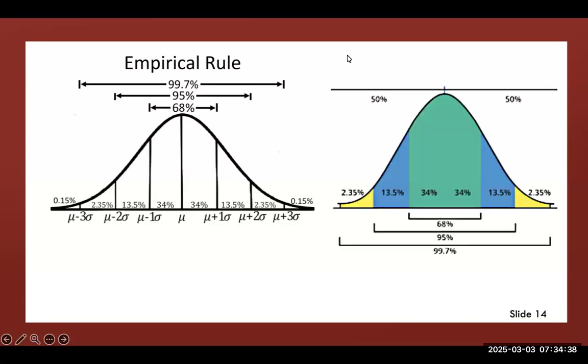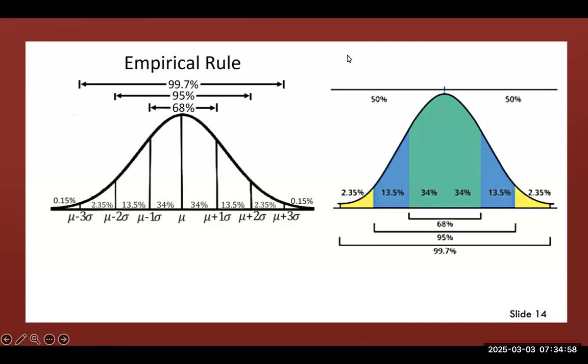Here's another visual. So think of the mean as the middle number in the middle of the graph, and I calculate the standard deviation. And I'm going to take that standard deviation, add it to mu, and subtract it from mu. 68% of the time, I will have a data value that lives in that range.